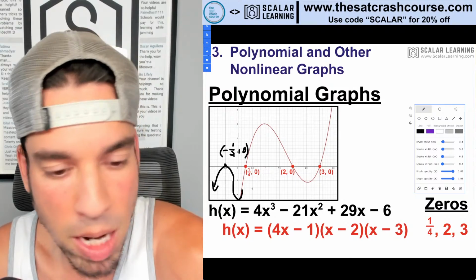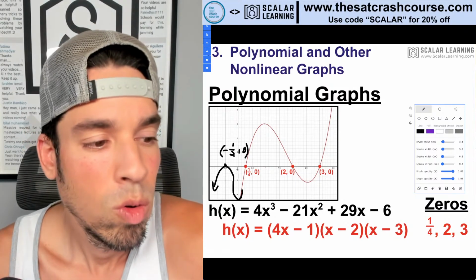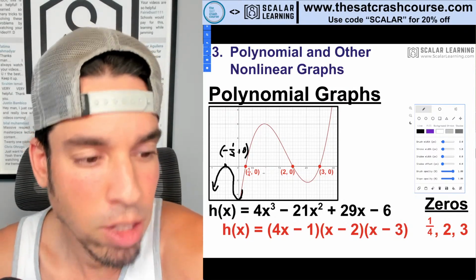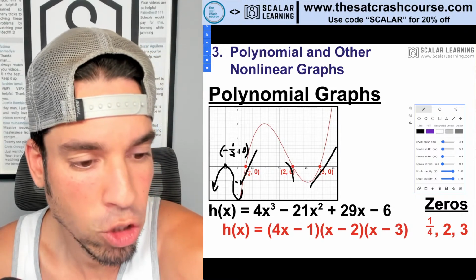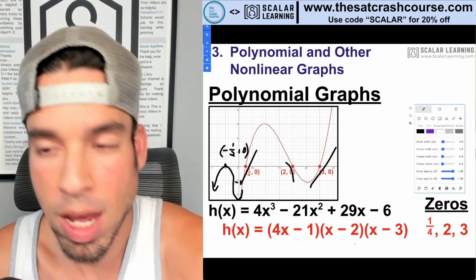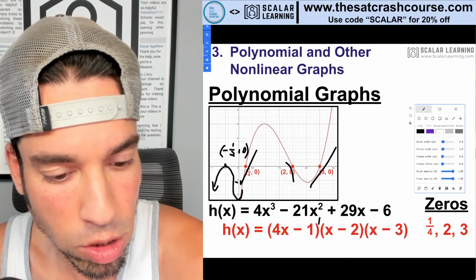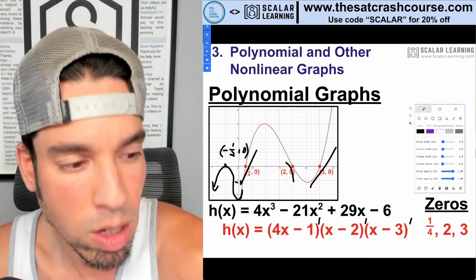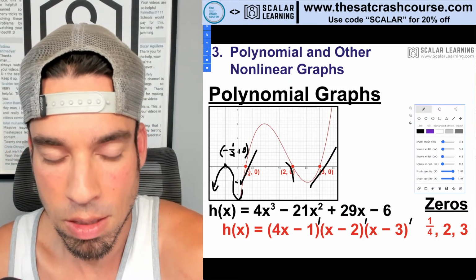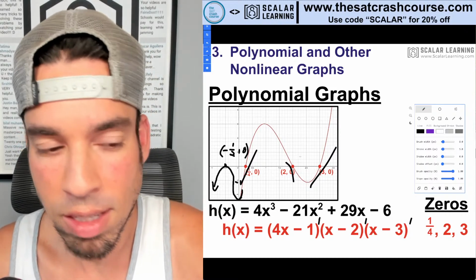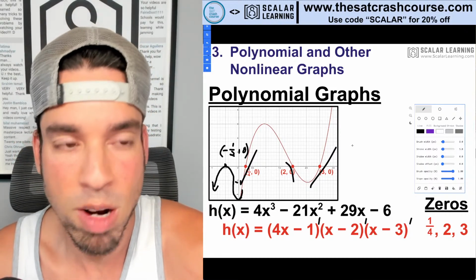But it doesn't go through, it bounces. What does that mean, when it bounces versus penetrates? These are penetrate, penetrate, penetrate. Penetrating, meaning going through, should have an odd degree, usually a degree of 1. Notice all of these binomials have a degree of 1. But when we see a bounce like this, it's an even degree. Now, on the SAT, I wouldn't think of anything other than 2. It's probably just going to be 2.